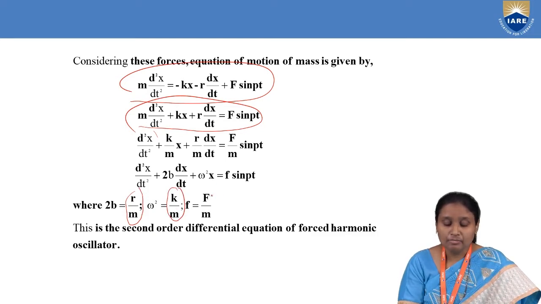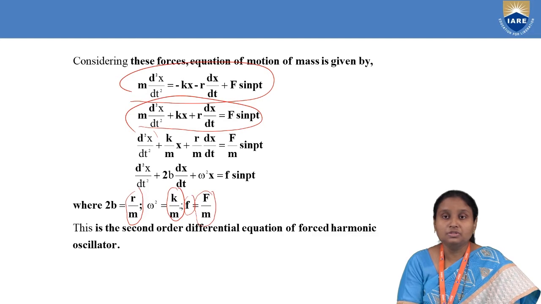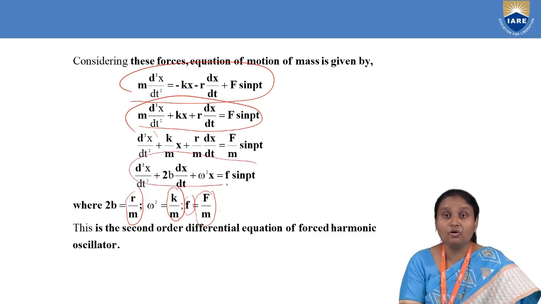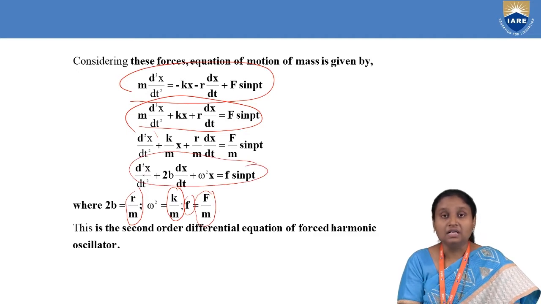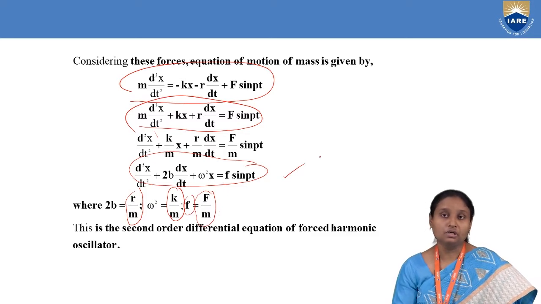And then the magnitude of force divided by mass is given by small f. Substituting these three into the differential equation, the simplified form is d square x by dt square plus 2b dx by dt plus omega square x is equal to f sin pt. So this is the differential equation for forced harmonic motion.